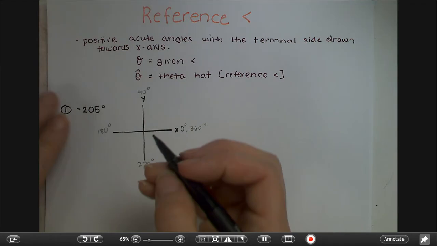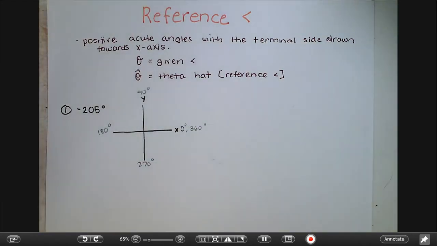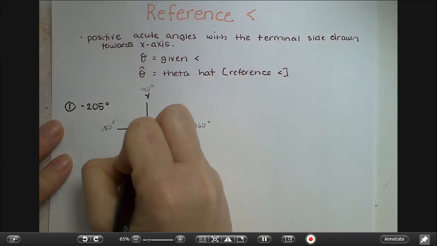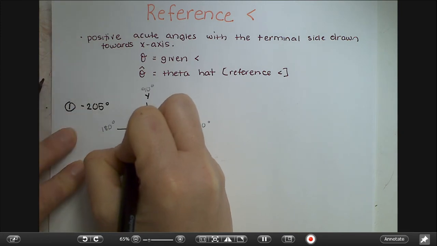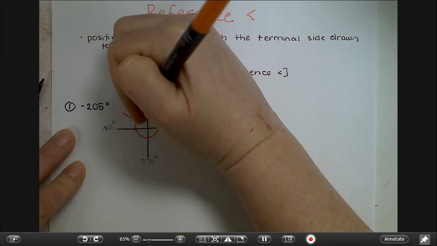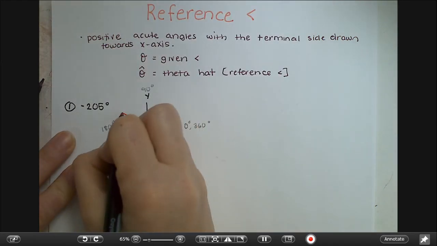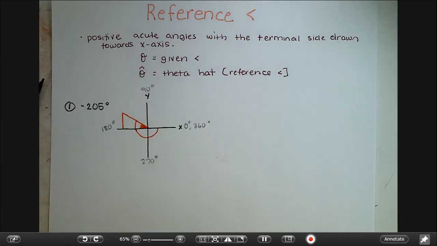Now this is negative, so actually it's going to be up here. And we're going to just go negative 180, and then 180 to 205 is 25 degrees, so about 25 degrees more. In order to form the reference angle, you draw back to the x-axis. To me, it seems like fishing. Okay, just kind of drop your fishing line down or up.